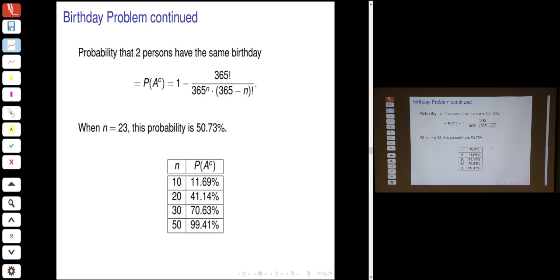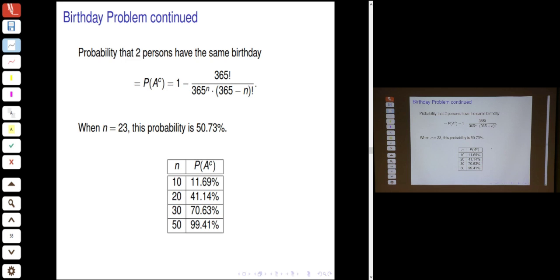Now, I told you that one year ago we had between 30 and 40 attendees. So indeed we see there are two persons with the same birthday. Actually, if we have 30 people, the chance is quite high, it's 70%.